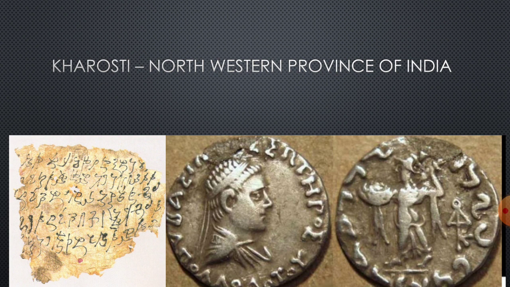The scholars who could read Greek compared the letters like Apollodotus, which begins with A, and A was common both in the Kharosti script as well as in the Greek script.